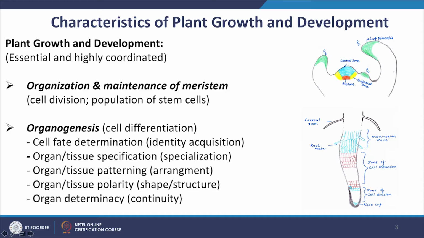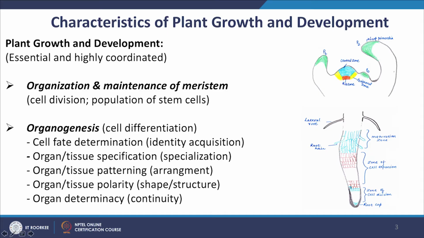And the final thing that happens in development is organ determinacy: whether this growth or development should continue or stop. So continuity is finally ensured in the development. It depends on the organ. If the organ is determinate in nature, then after a certain time point it will stop.